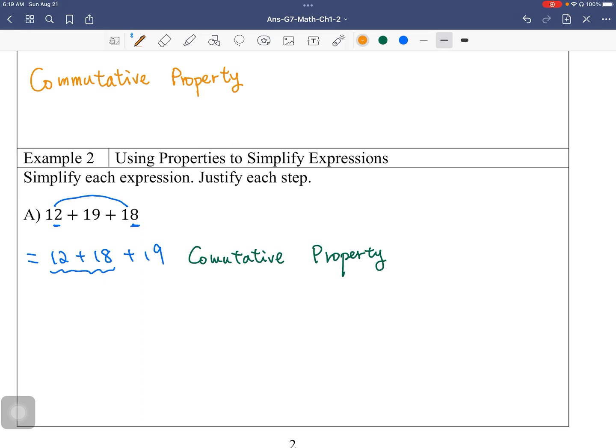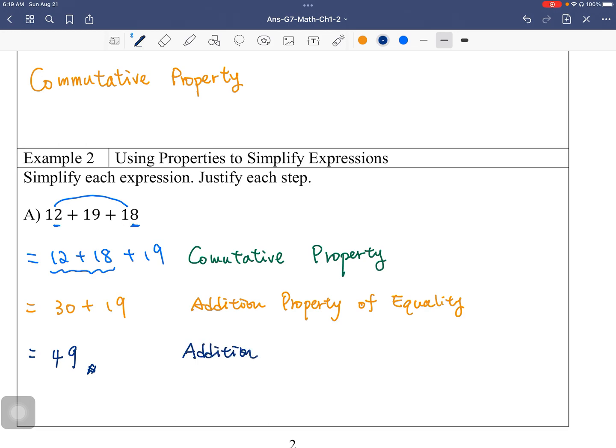And then I go from left to right, 30 plus 19. This is addition property of equality. Then this is 49. Again, this is addition property of equality.